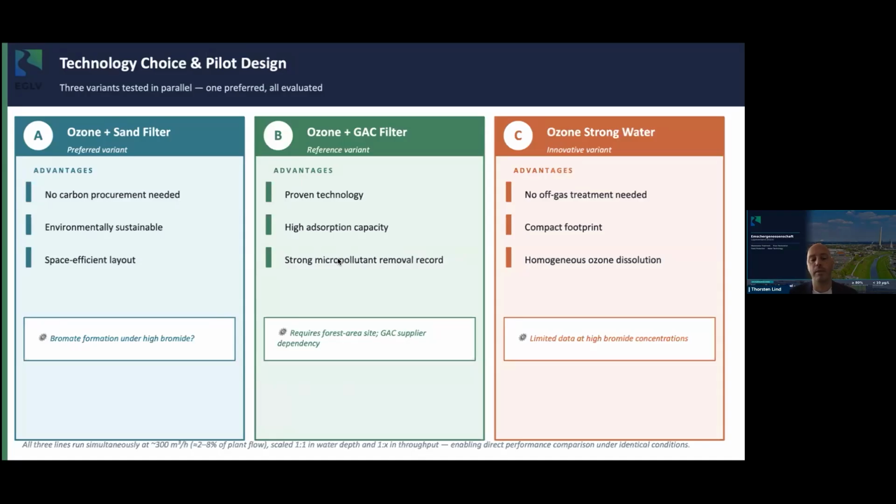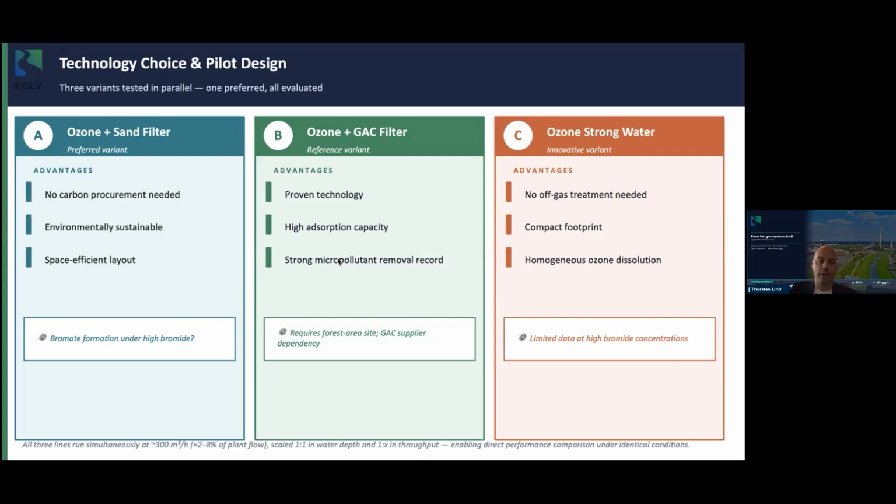With this pilot project, we will test in parallel our preferred version, the ozone sand. We will also test ozone and the granulated activated carbon. And we will test a third version, which is called ozone strong water, to see if the results hold up and then make the decision on how we are doing the large scale.